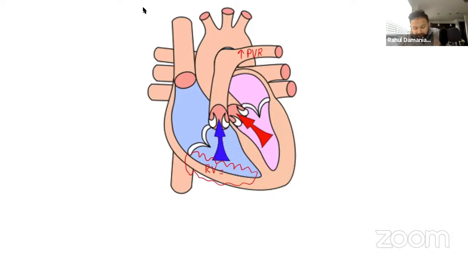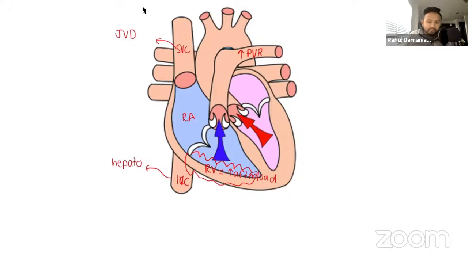The RV is going to have increased amounts of afterload. And subsequently, if the RV is going to fail, it can back up into the RA, and then it can back up into the SVC and IVC. Well, if it backs up into the SVC, you're going to get JVD on exam. And if it backs up into the IVC and lower, you're going to get hepatomegaly and peripheral edema.